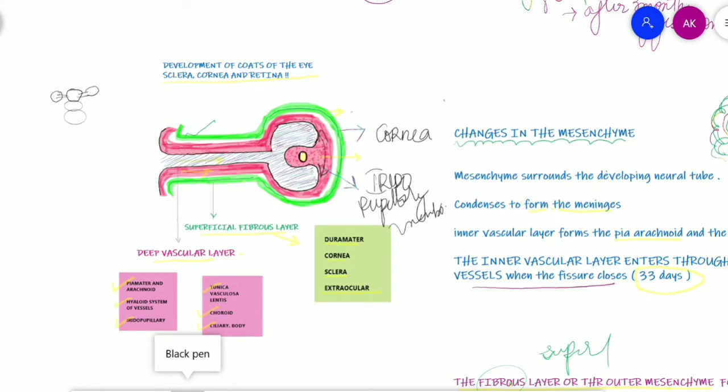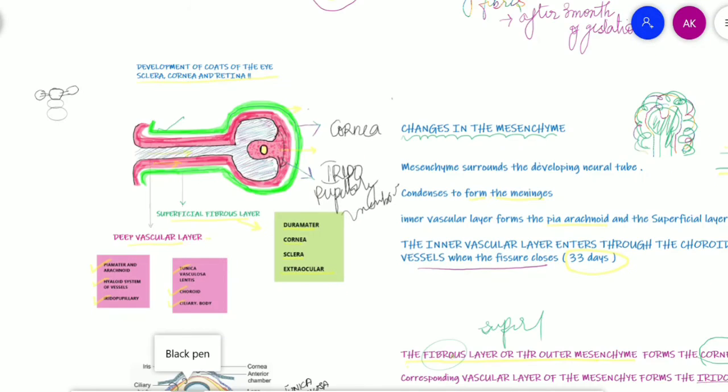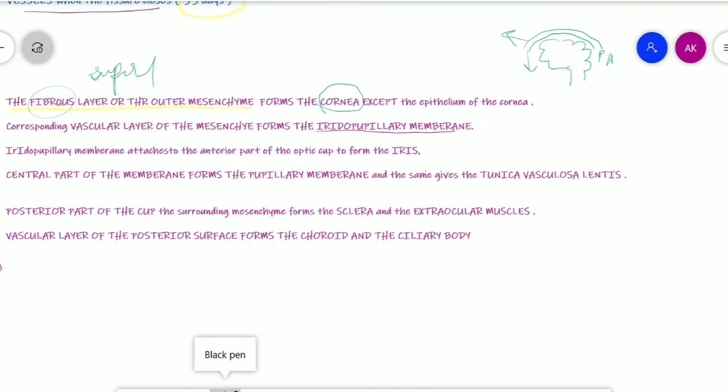This is going to further form the iris and the pupil, and therefore it's called the iridopupillary membrane, and it is present in front of the lens. This yellow part over here is the lens. So that is how your iridopupillary membrane is formed from the corresponding vascular layer of the mesenchyme.